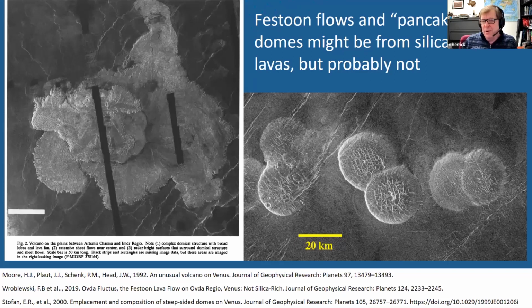In general terms, if you don't have a lot of volatiles, you tend to end up with basaltic lavas. So finding silica-rich features is of interest on Venus.